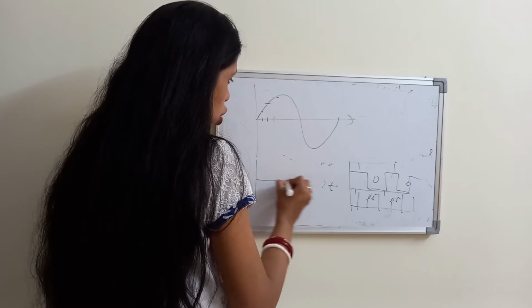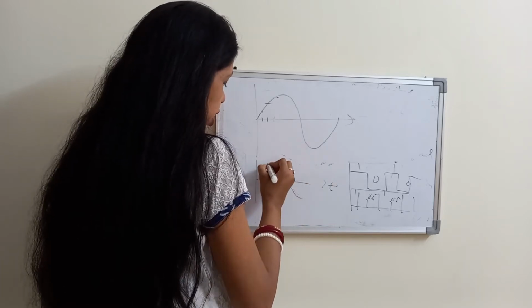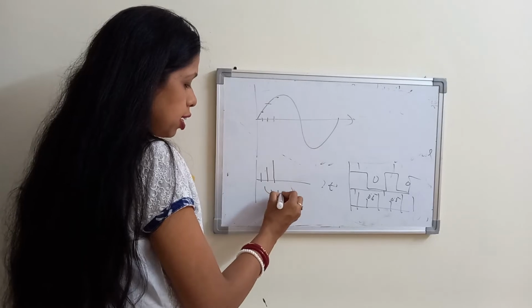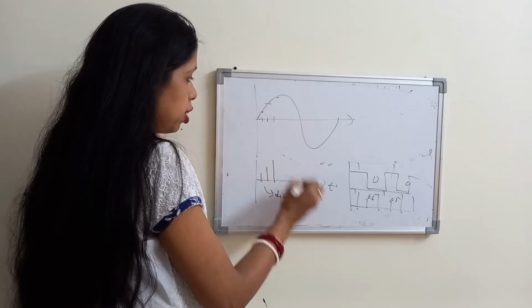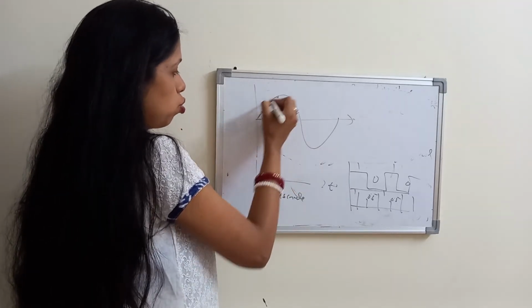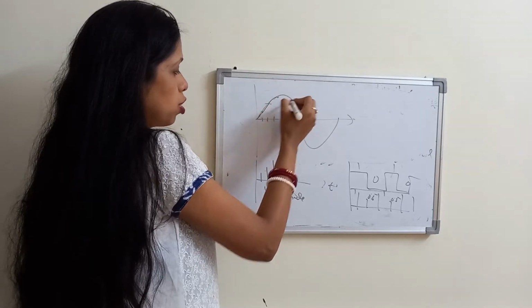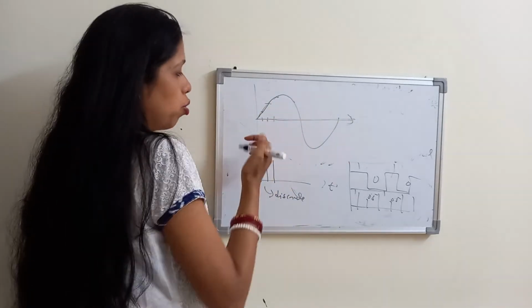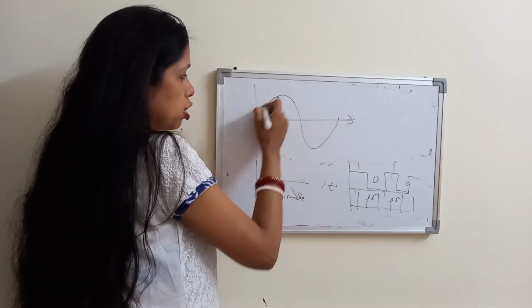Now if you plot this graph, you will get this kind of behavior. That is discrete. This is the amplitude, and this is the temperature or time scale. So this is the time scale and this is the amplitude.